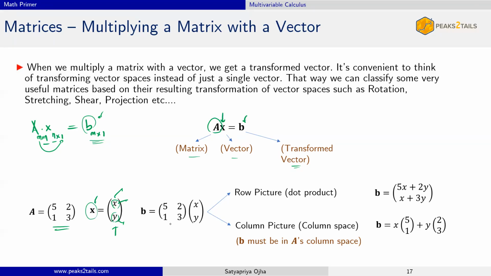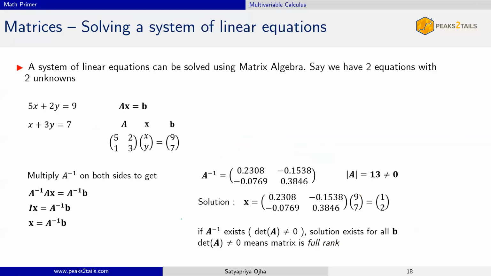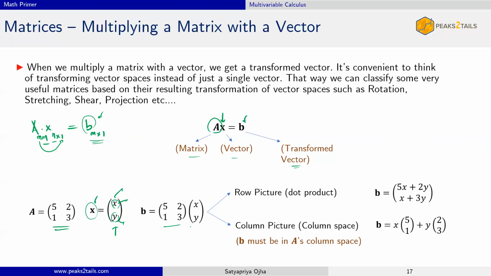B is the product of A times X, right? Now we know how to multiply this. One is the dot product method that we talked about initially. That is the row picture.